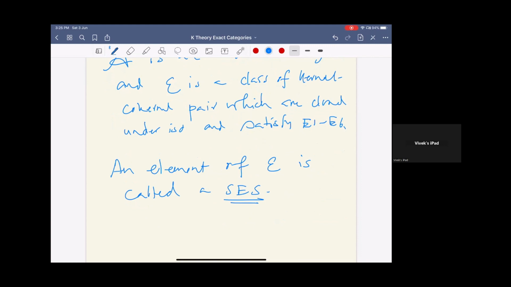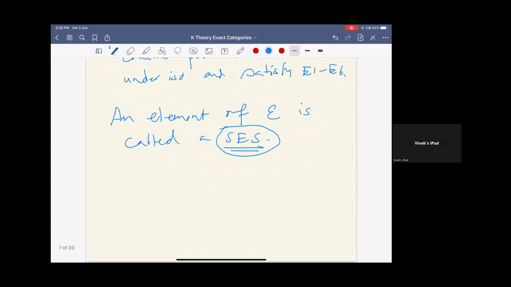Basically, the kernel-cokernel pair, as I already mentioned, is the generalization of the short exact sequence. So if your category is abelian, then an element of epsilon is anyway a short exact sequence. So now we call this kernel-cokernel pair a short exact sequence.